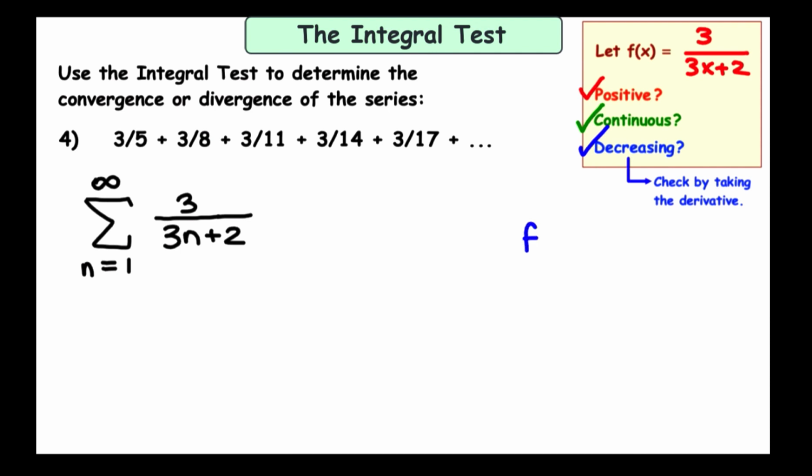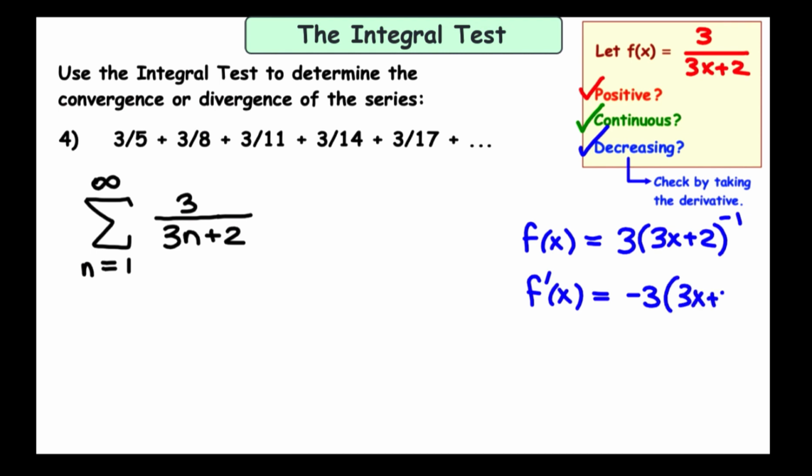So f of x, I thought I was going to say no, is 3 times 3x plus 2 to the negative first. So the derivative would be -3 stuff to the negative second times a chain rule of 3.